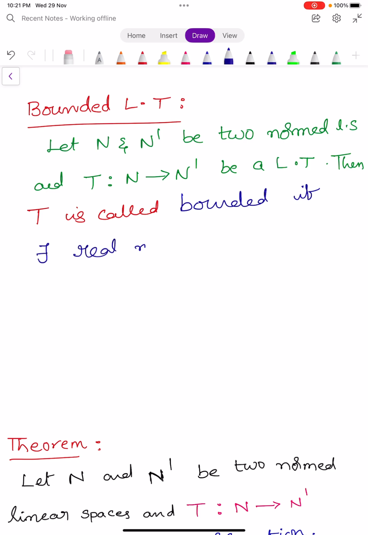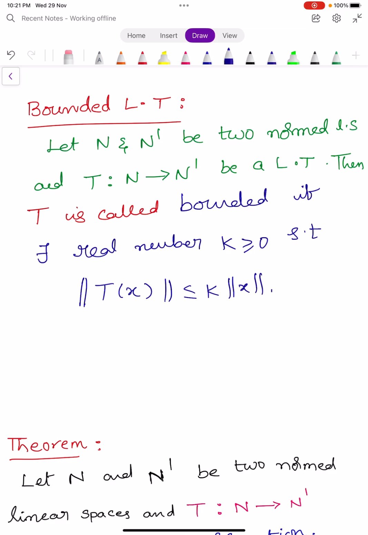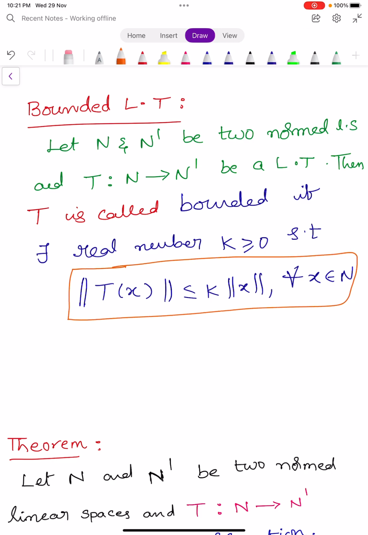k greater than or equal to 0 such that norm T of x is always less than or equal to k into norm x for all x belongs to capital N. Then we say that T is bounded.